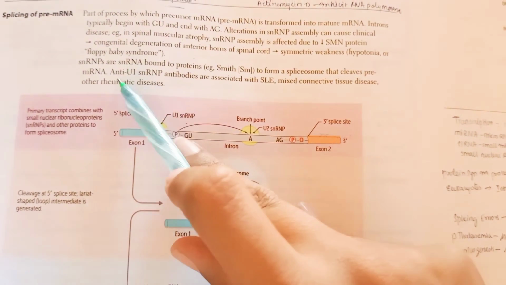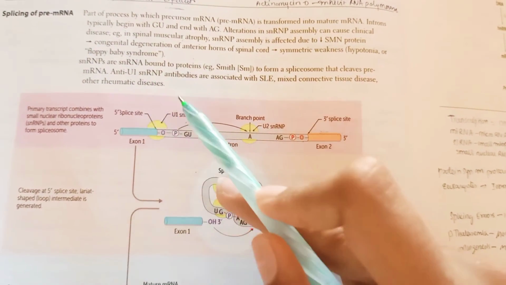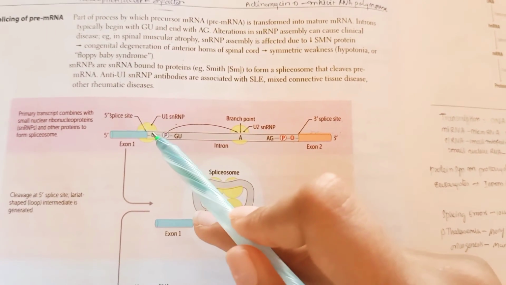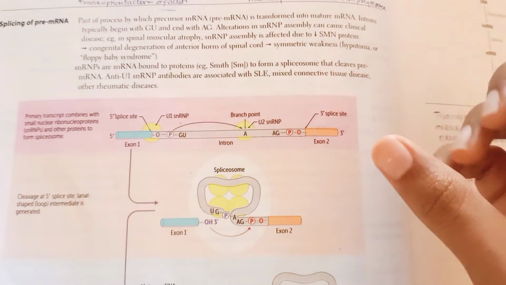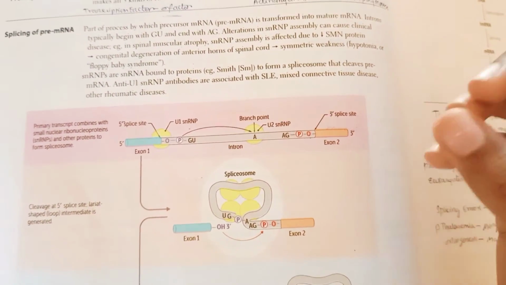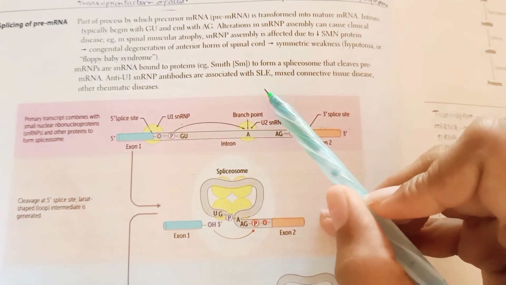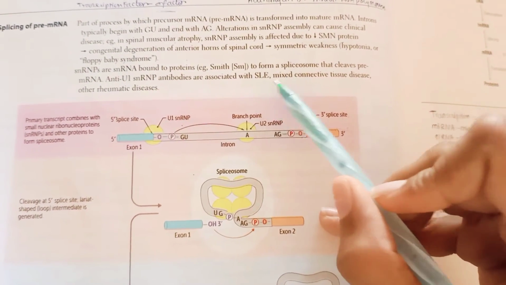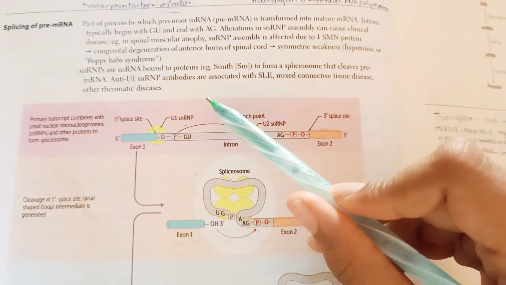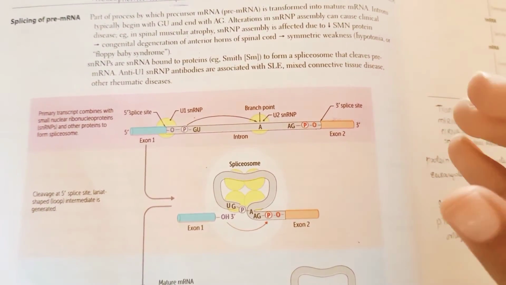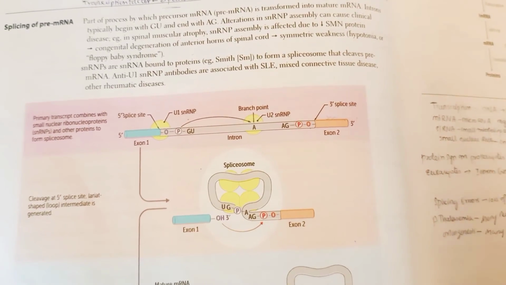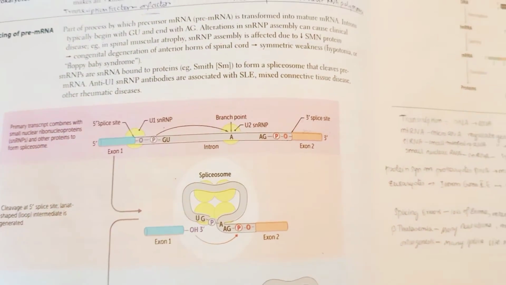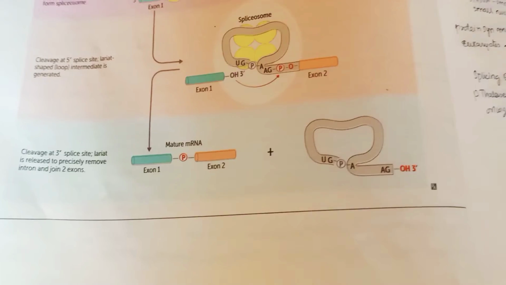If there are antibodies like anti-U1 snRNP antibodies against this, then the spliceosomes can't be formed and we cannot remove the introns, so that will lead to defective formation of proteins, right? This is associated with diseases like SLE, mixed connective tissue disease, rheumatic diseases. In all these diseases, the problem is that the snRNP and the spliceosomes are not formed properly, so we can't form a proper protein.